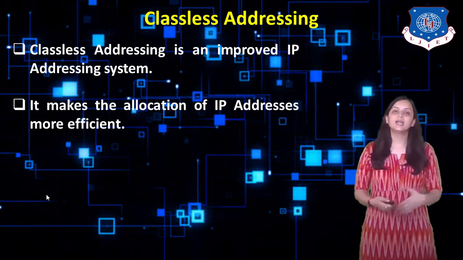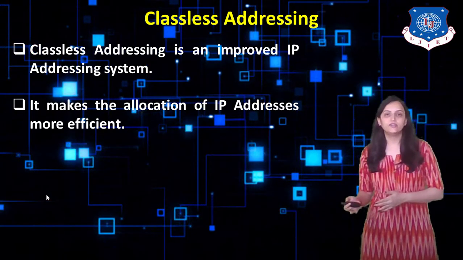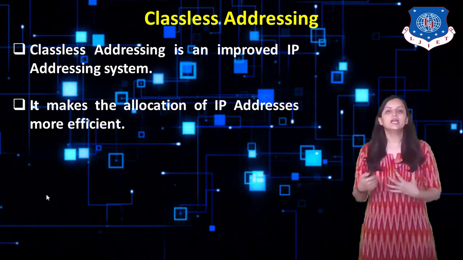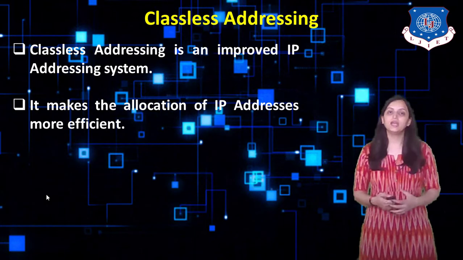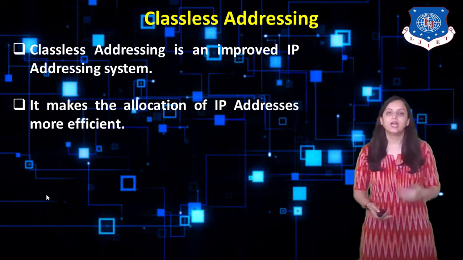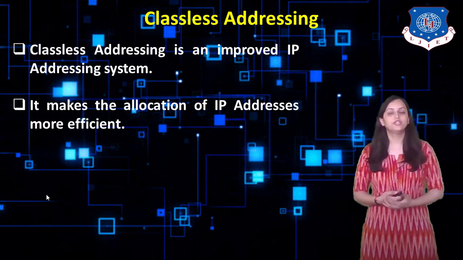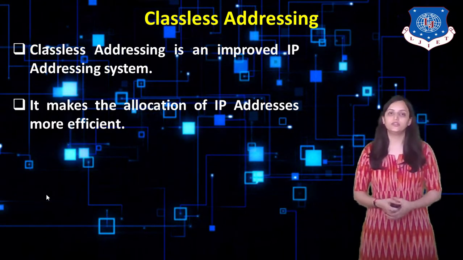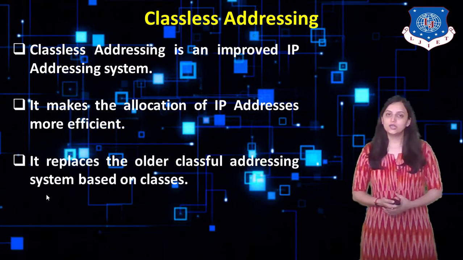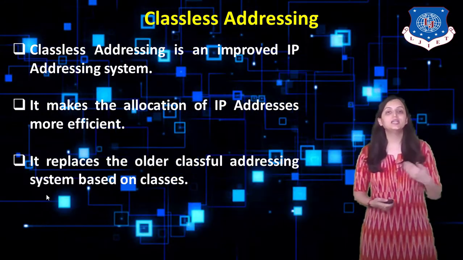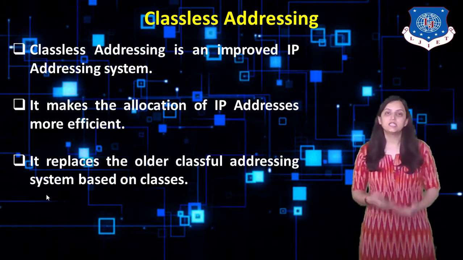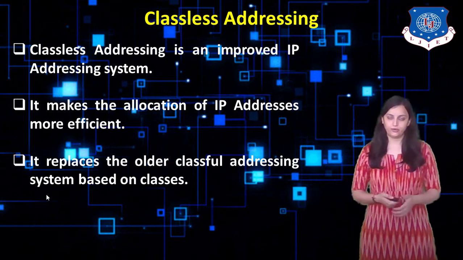That means unlike classful addressing with static subnet masks, in classless addressing the utilization of IP addresses is more effective, and efficient utilization of these IP addresses makes the network configuration more expandable. It replaces the older classful addressing system based on the classes. That means the older version of classful addressing is done according to the classes of the IP addresses.